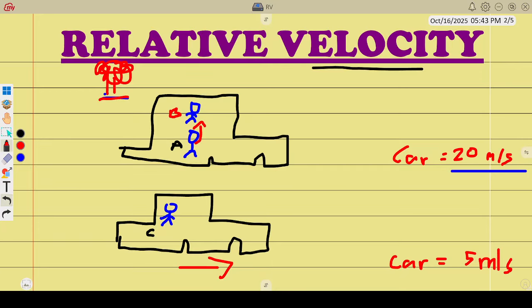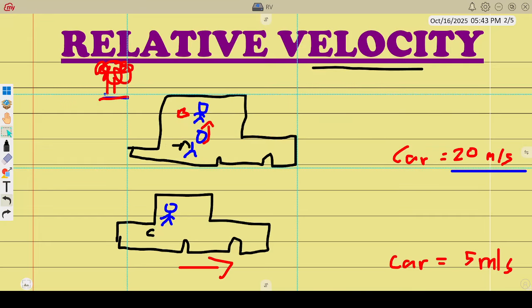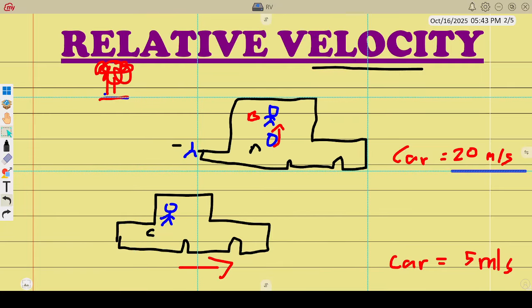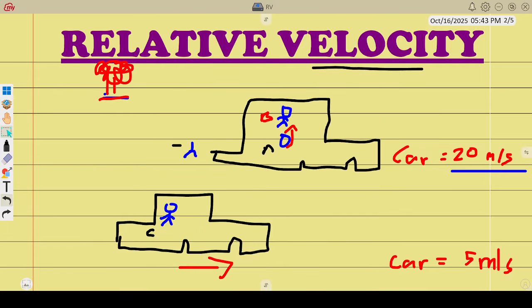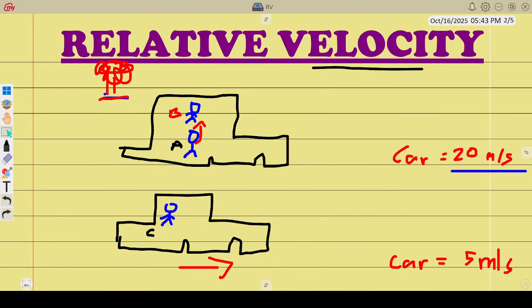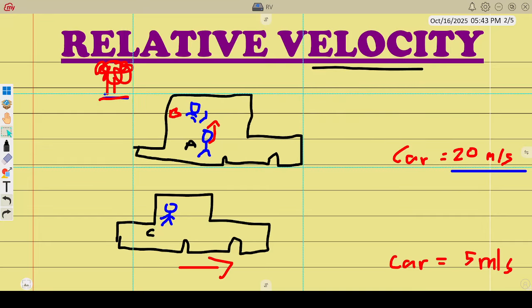So now the question is, you already understand at this point that the first car will overtake because it is moving at a much faster speed. So let's even make it overtake.